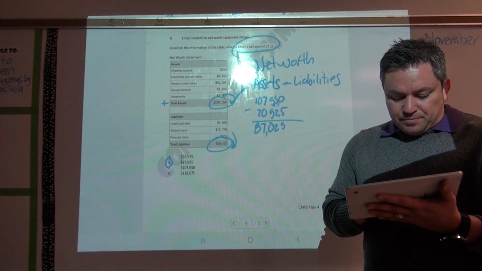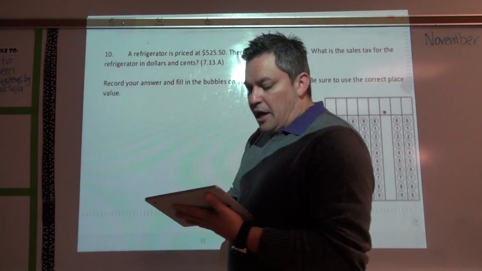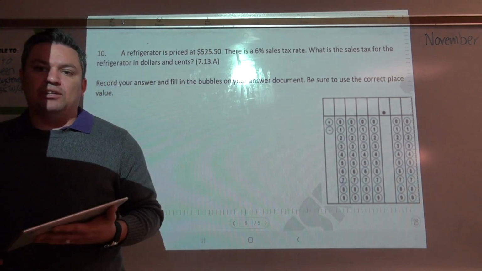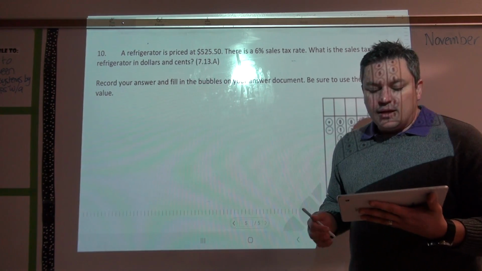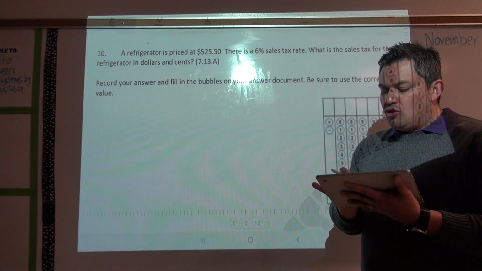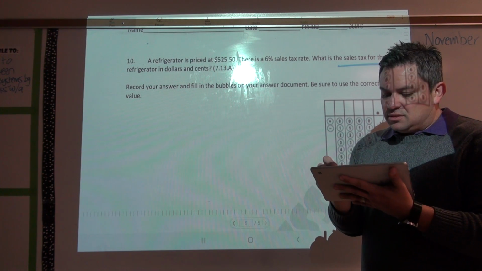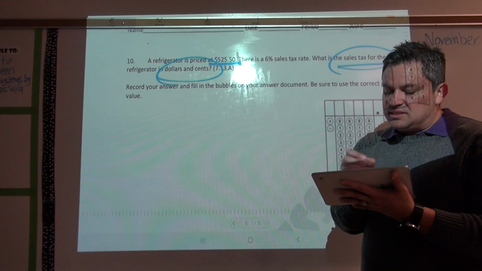Last page. Number 10. A fridge is priced at $525.50, and there's a 6% sales tax rate. What is the sales tax in dollars and cents? So this is the price, that's the sales tax.